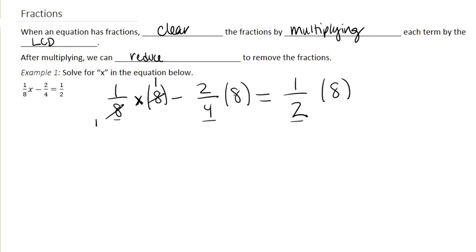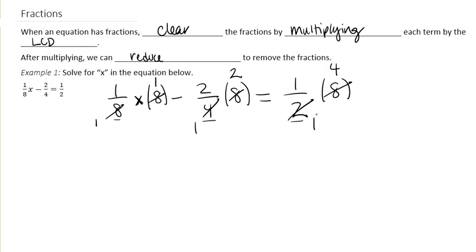Now this 4, so 8 divided by 4, this becomes a 1, but this 8 becomes a 2, as 8 divided by 4 is equal to 2. Now this 2 and this 8, 8 divided by 2 essentially, this 2 becomes a 1, and this 8 becomes a 4, because 8 divided by 2 is equal to 4.